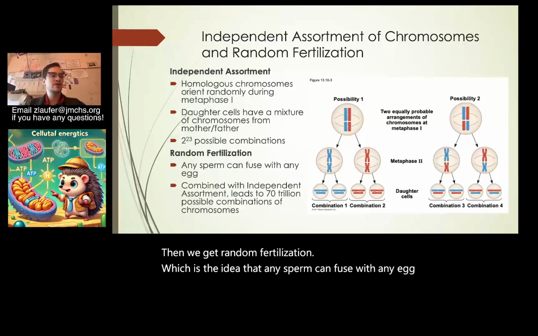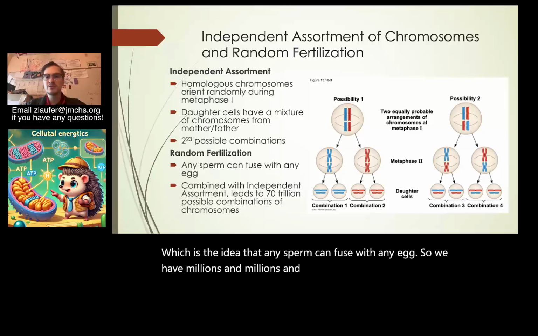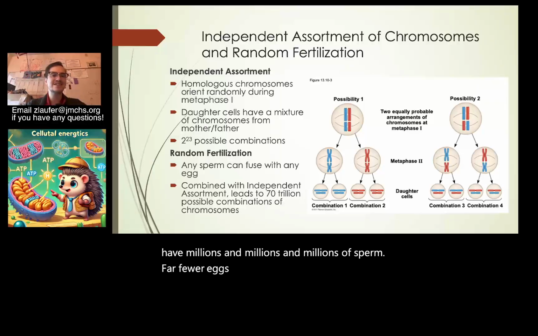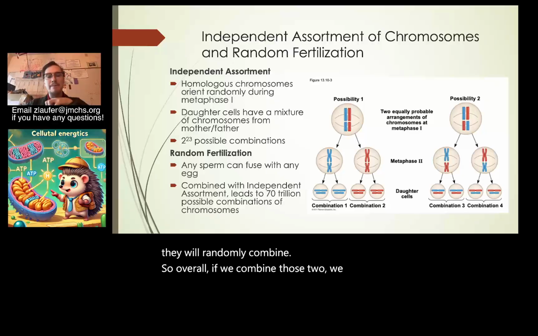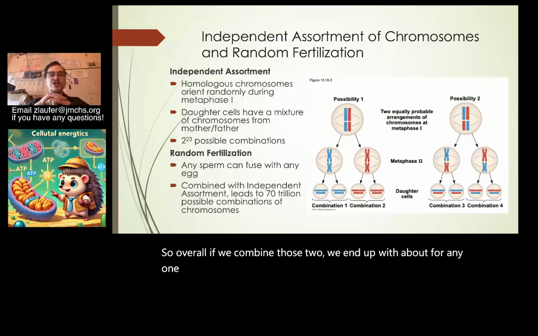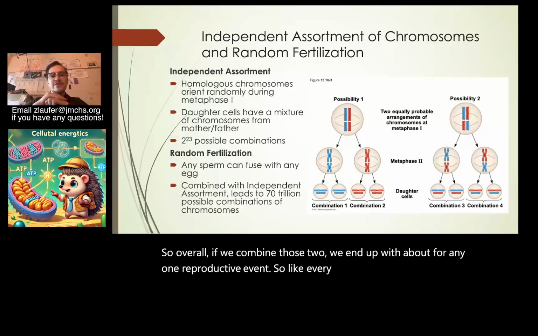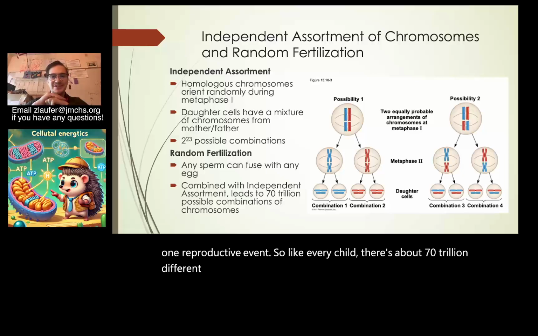So we have millions and millions of sperm, far fewer eggs, but the genetics in each of those is random, and they will randomly combine. So overall, if we combine those two, for any one reproductive event, like every child, there's about 70 trillion different possibilities and combinations, which is a mind-boggling number.